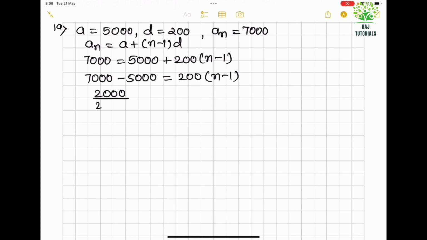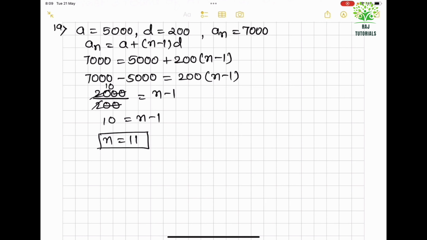So 2,000 upon 200 equal to n minus 1. So 10 equal to n minus 1. So n equal to 11. So in the 11th year, he reached 7,000 salary.